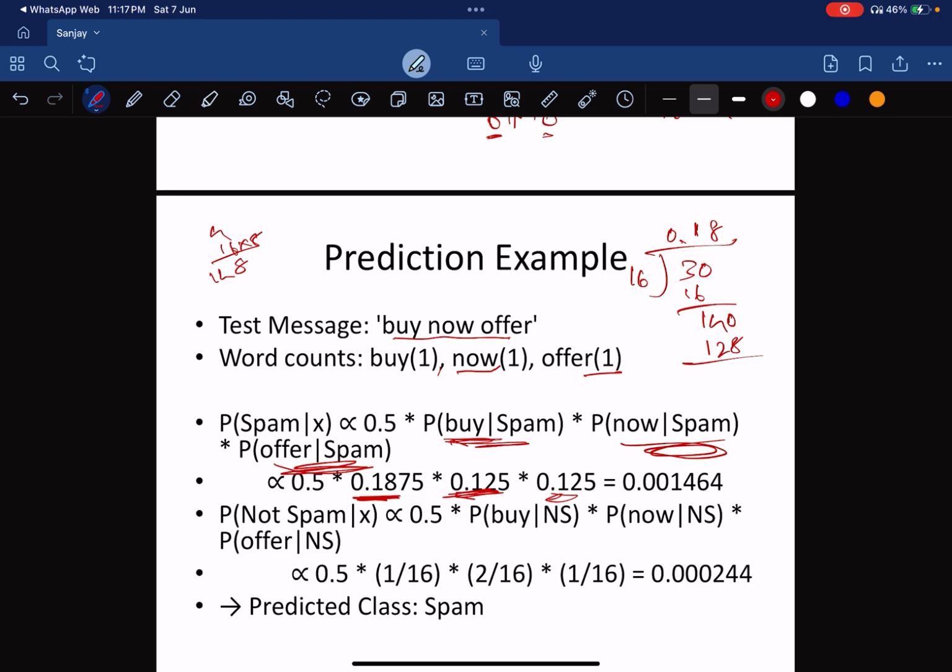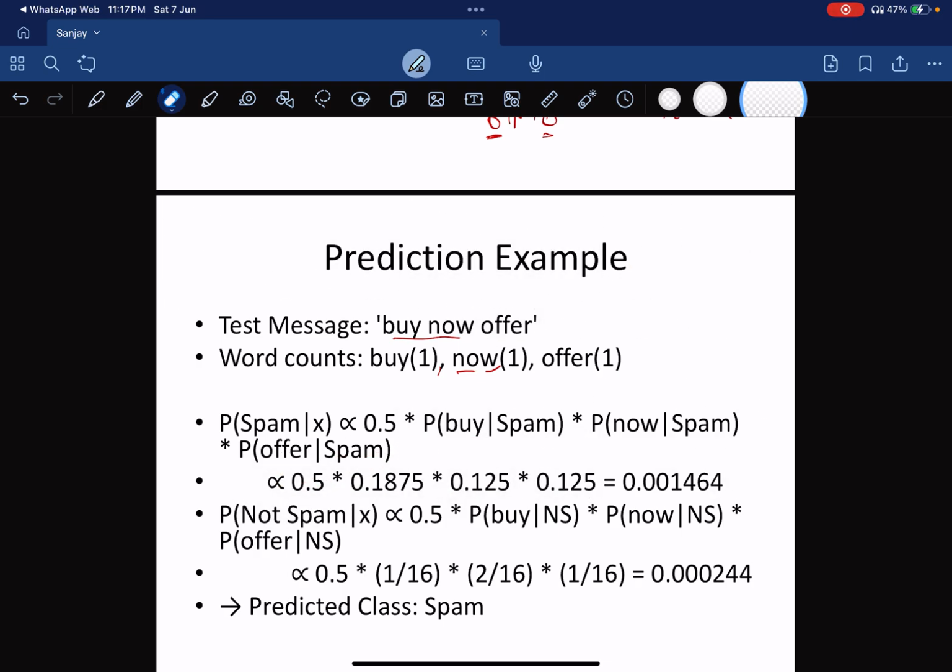If you multiply them, and I forgot to tell one thing, we find the probability of an entire message belonging to that class based on the Bayes theorem.